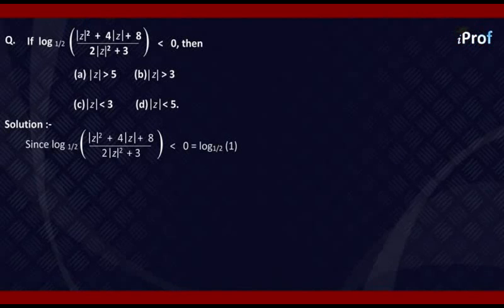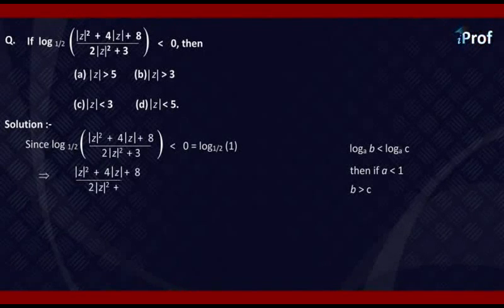Now we know if log b to the base a is less than log c to the base a, and here a is equal to 1/2, therefore a is less than 1 and b will be greater than c. In other words, (|z|^2 + 4|z| + 8)/(2|z|^2 + 3) is greater than 1.